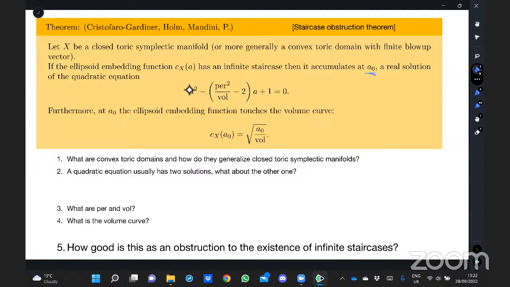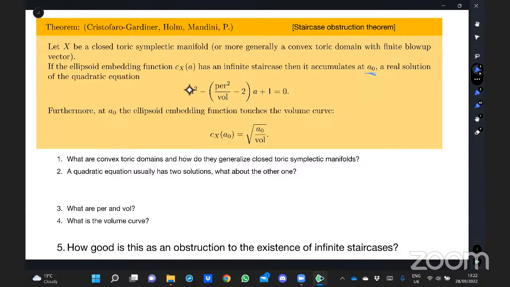So it might or might not have an infinite staircase, but if it does, this is where it is. Okay, so there's a few things that I owe you after reading the statement of this theorem, which is to explain what convex toric domains are and what toric symplectic manifolds are, possibly.